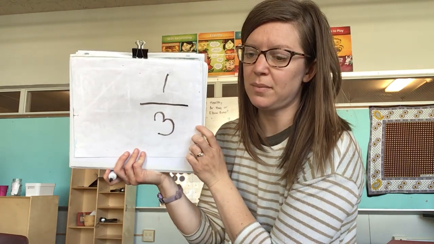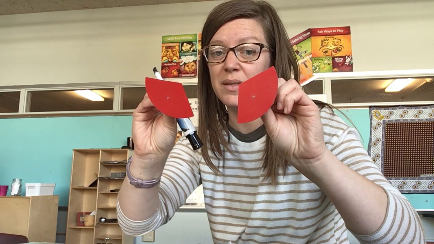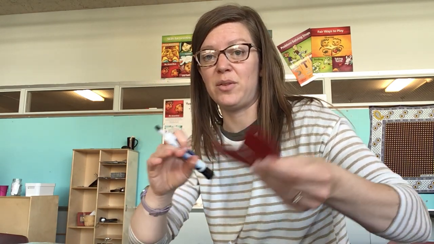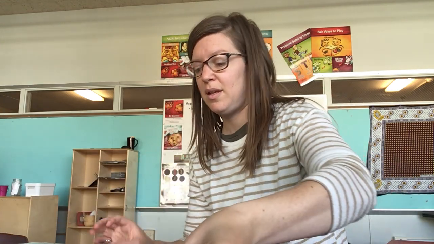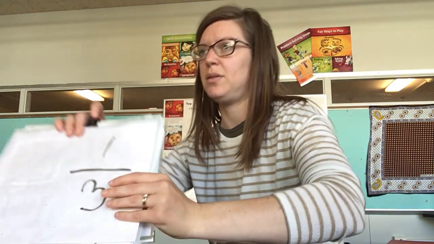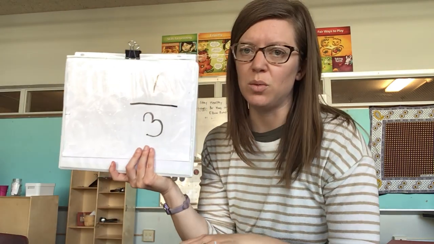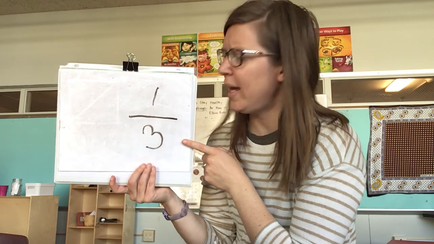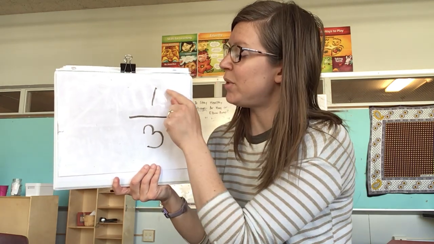1/3. But maybe I'm actually thinking about 2 pieces. What if my friends are being really generous and they're letting me have 2 pieces? There's still 3 pieces in the circle, but if I'm thinking about 2, which number will change? The number on the top or the number on the bottom? It's the number on the top.